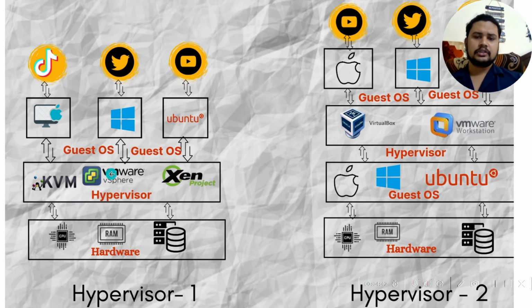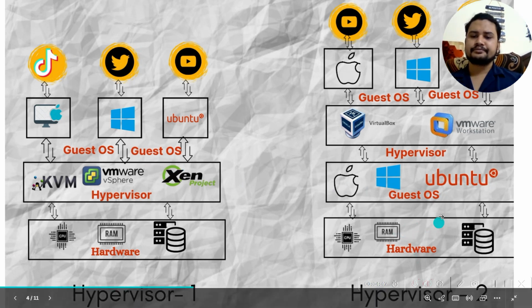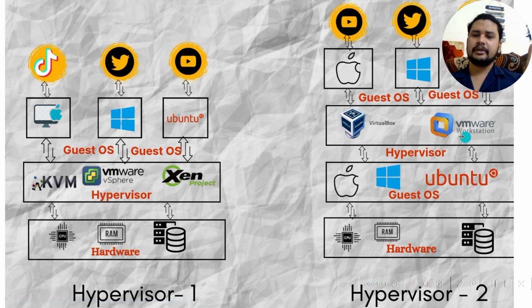The second type of hypervisor runs on top of an operating system, like Ubuntu, macOS, or Windows. It is easier to install and use but slower compared to type 1, because it has to go through the operating system layer first.